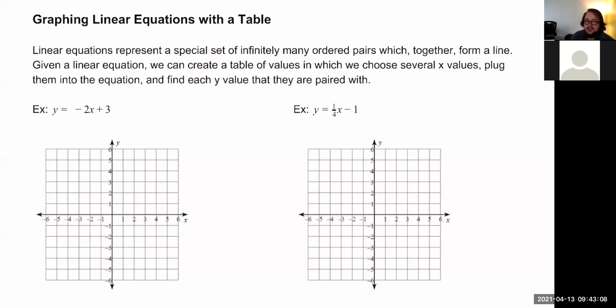So linear equations represent a very special set of infinitely many ordered pairs, which together form a line. So I'm actually going to highlight that whole sentence there. Linear equations are a special set of infinitely many ordered pairs together forming a line.